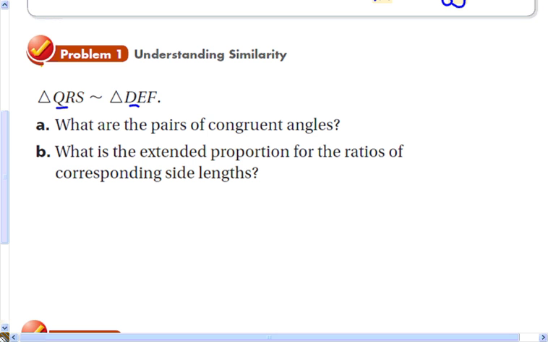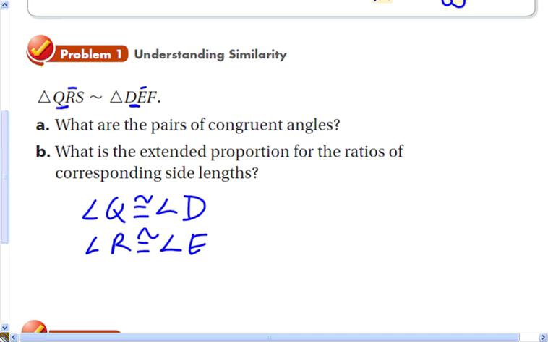So we know that angle Q matches up with angle D, so we can say angle Q is congruent to angle D. We can say that angle R is congruent to angle E, and angle S is congruent to angle F.